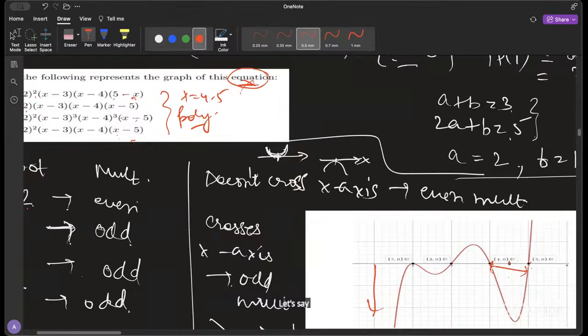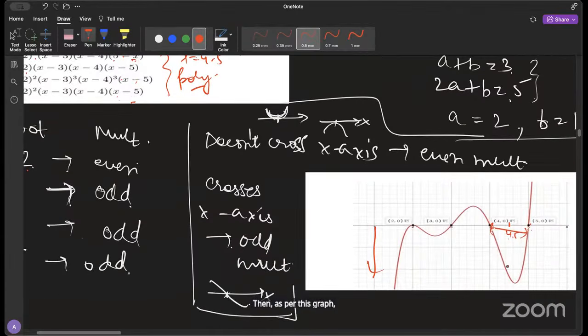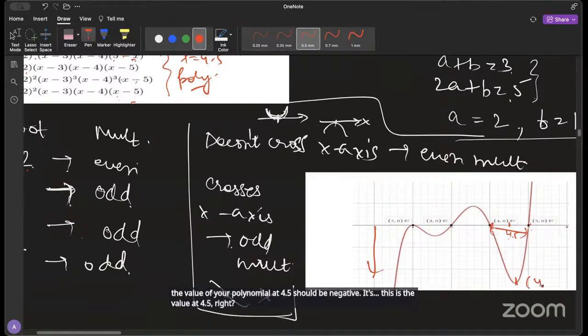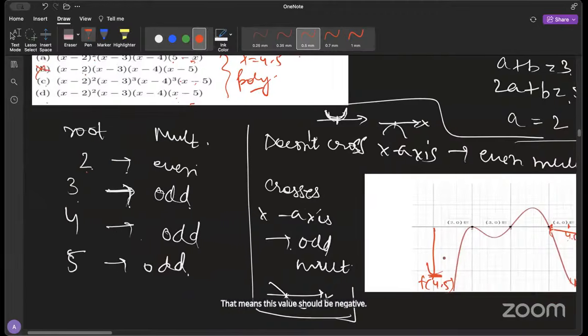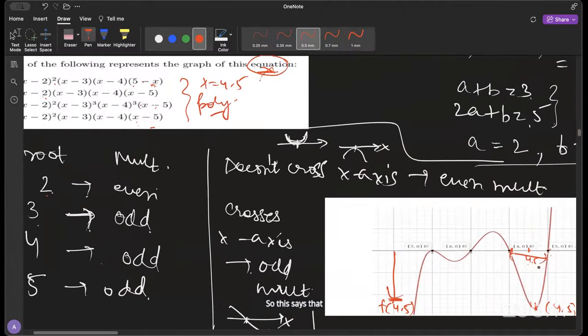If you choose a point 4.5 between 4 and 5, then as per this graph, the value of your polynomial at 4.5, f of 4.5, should be negative, because f of 4.5 is here, below the x-axis, on the negative y-axis. So the value at 4.5 should be negative.